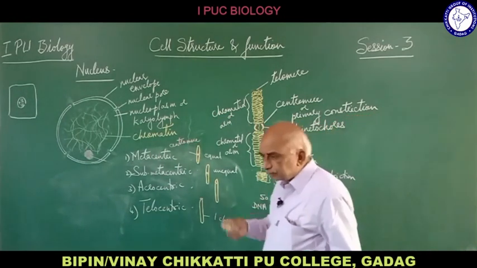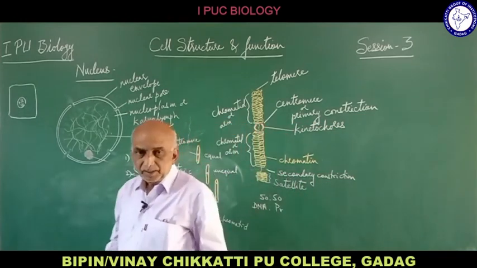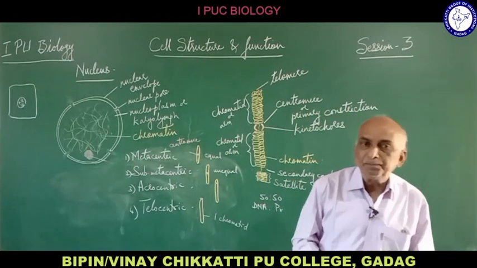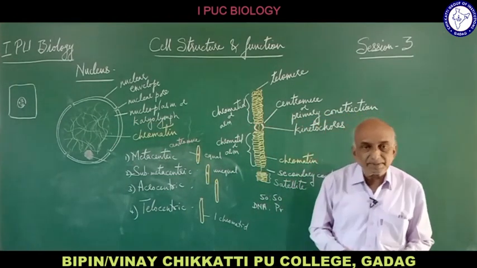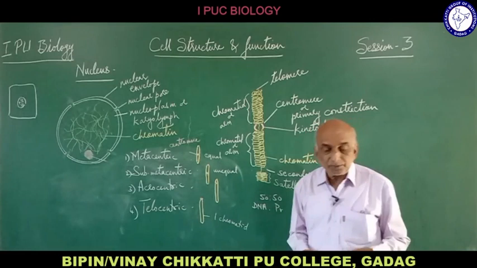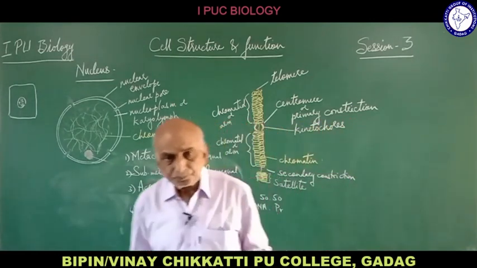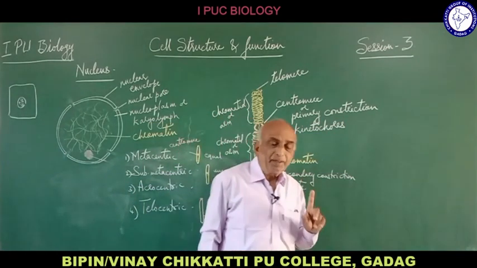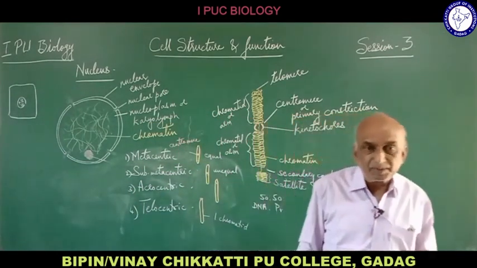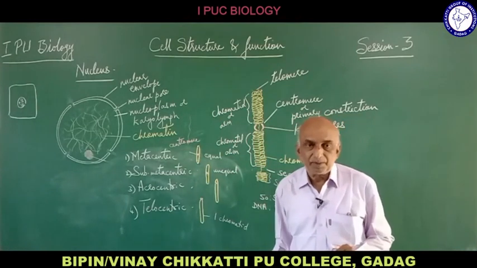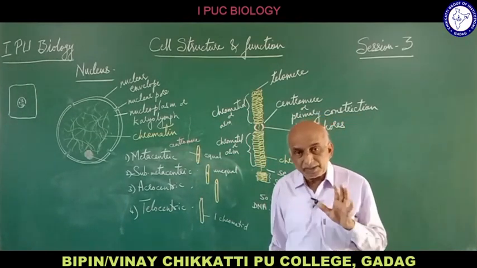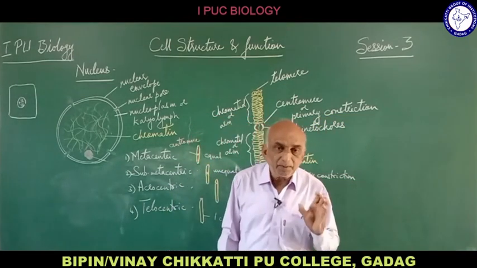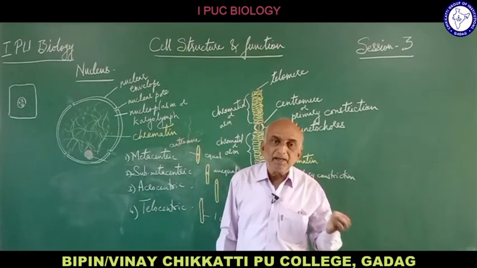And more about chromosomes, the chromosomes which are present are usually in pairs. So there are 23 pairs in human beings. Out of the 23 pairs, there is one pair of chromosomes which expresses the sex of the individual. If you take the example of human beings, out of the 23 pairs, one pair differs in male and female.